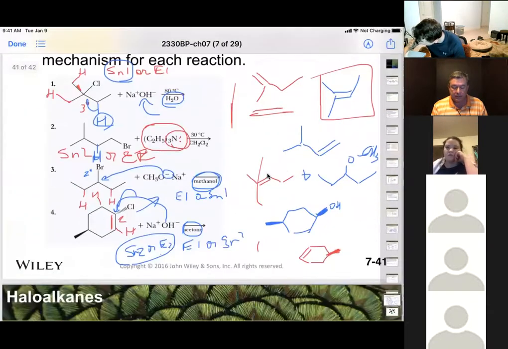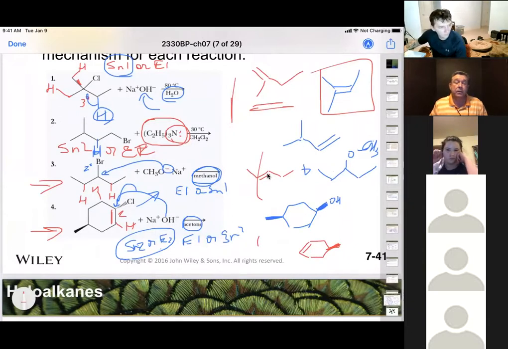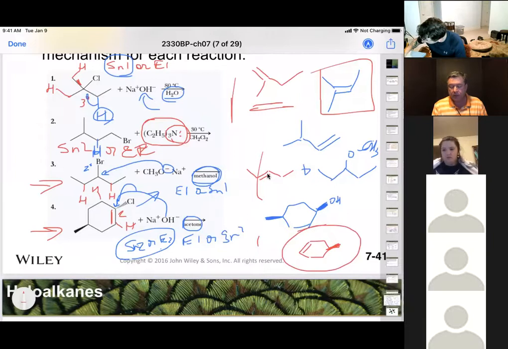So in our last example, this one right here and this one right here, they are both strong bases, but they are also strong nucleophiles. When we want a nucleophilic substitution reaction, we want a weak base, strong nucleophile, which means our major product on both of these is going to be the elimination product.